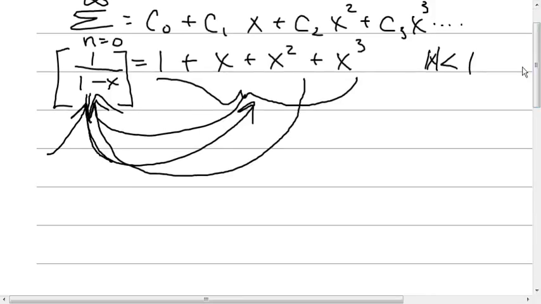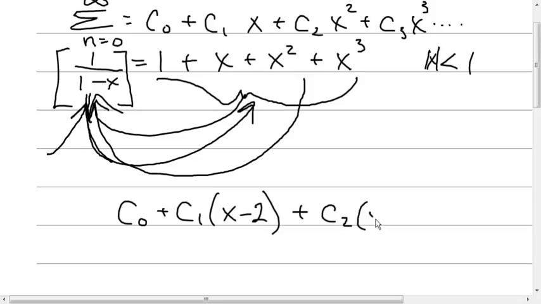We could say, well, what if we change this just a little bit. Let's reintroduce our c's. And now instead of x, we're going to make it x minus a; in the book they put an a in, which is fine, but I'm just going to put a real number in: c0 plus c1 times x minus 2 plus c2 times x minus 2 squared plus c3 times x minus 2 cubed dot dot dot to infinity.